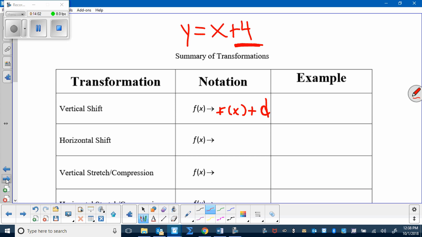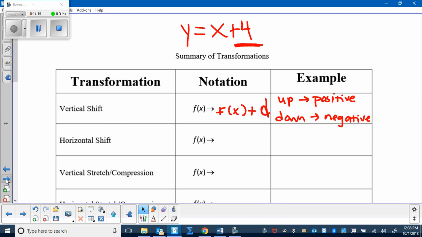If I have a plus 4 at the back on a line, or anything else, that would move it up if it's positive, and if it's negative, it's going to move it down. For my examples, I'll just write the description in the example box. I would write y equals x would change to y equals x plus 4. Could be minus 4 too. If there's a plus at the back, it moves up. If there's a minus at the back, it moves it down.